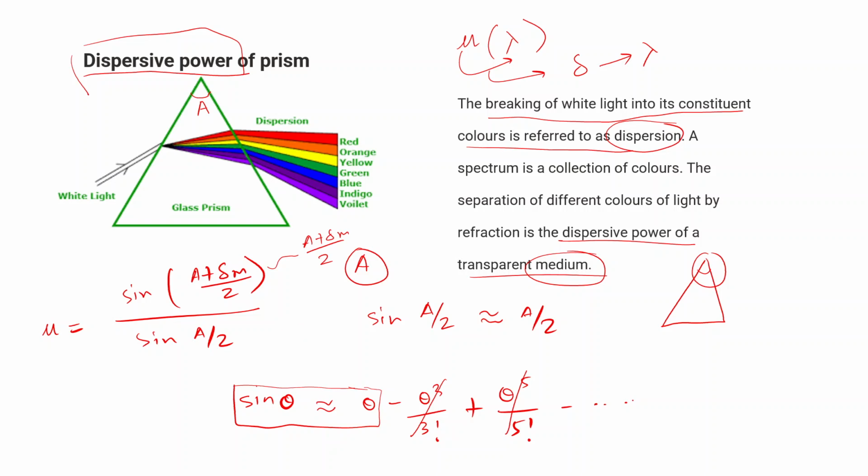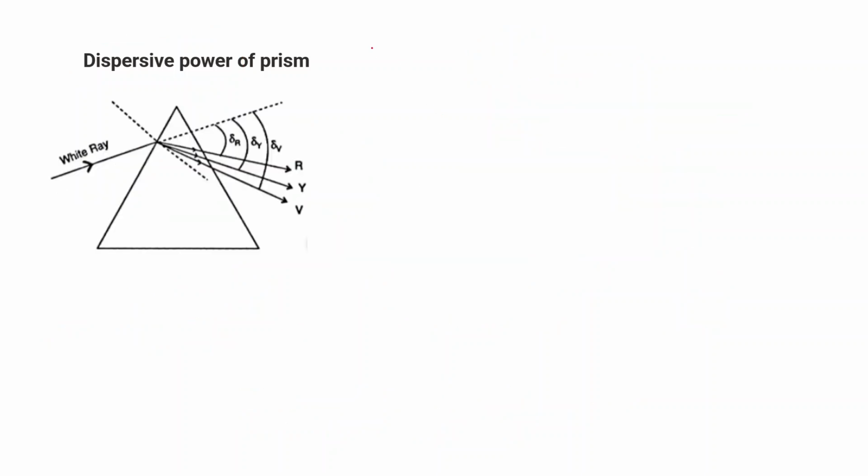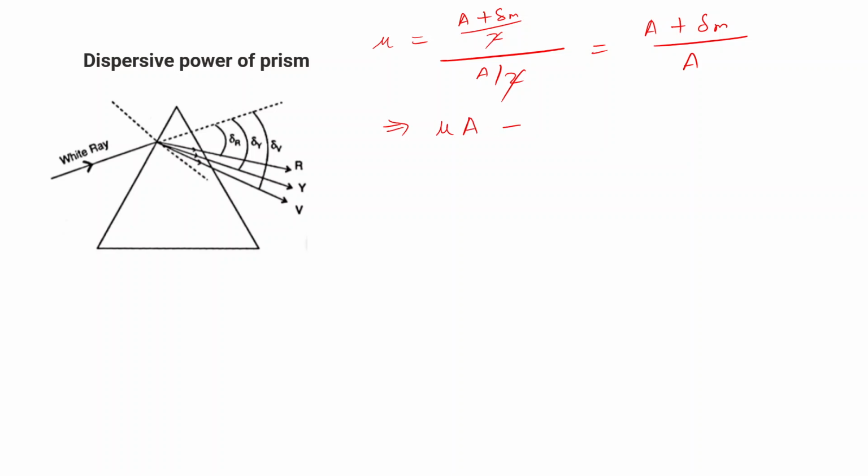When this happens, refractive index will become (A plus delta m) by 2 divided by A by 2. Now this denominator 2 will be cancelled, and we will get (A plus delta m) by A. Taking this denominator to the left, we get refractive index multiplied by angle of prism is equal to A plus delta m.